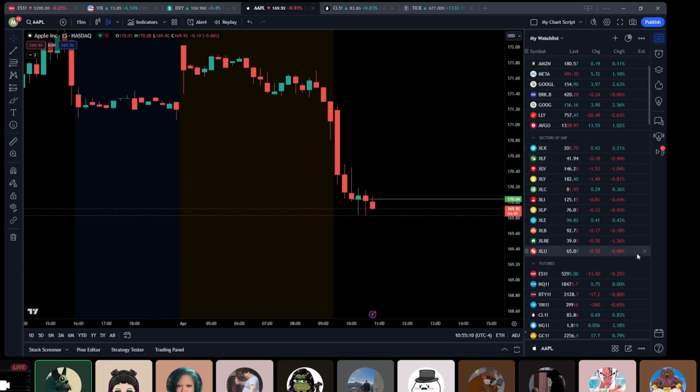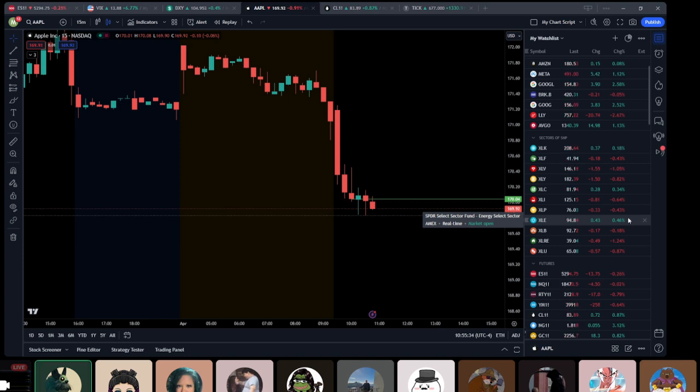We look at all of our sectors. XLK is down more than it was earlier. XLC is also down, and XLE, being the strongest green of the sectors, is not bullish for equities, because XLE is 90% oil and natural gas.